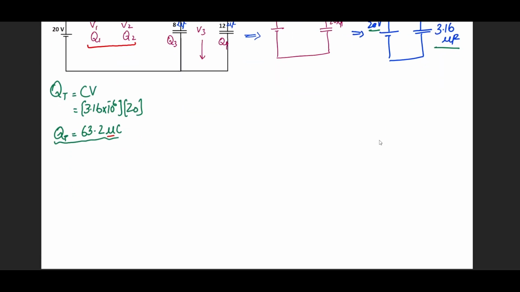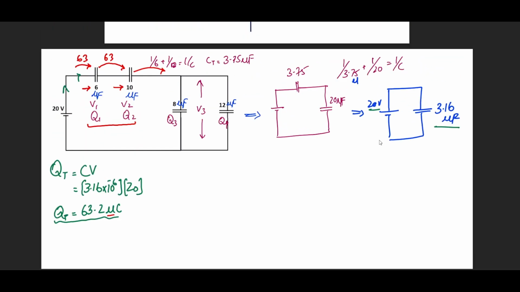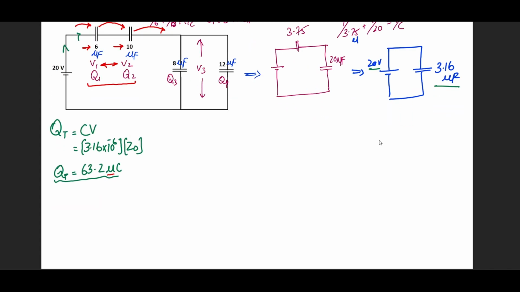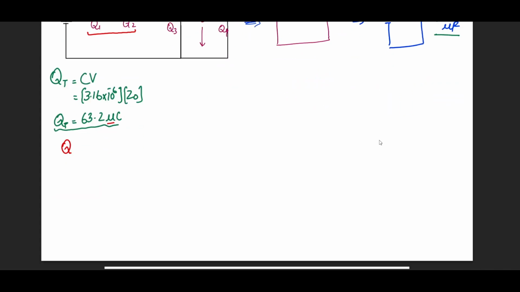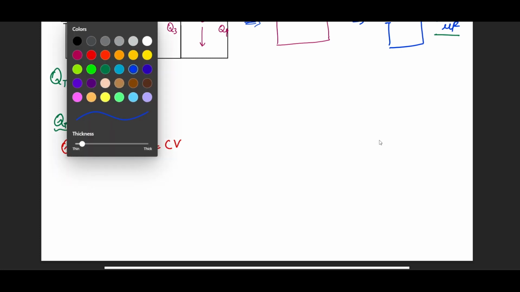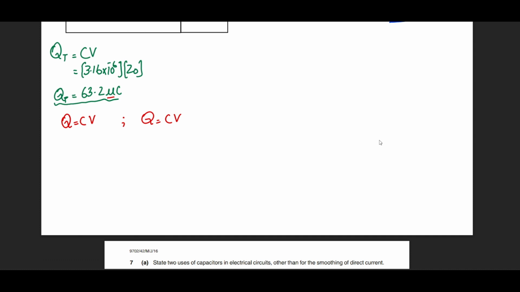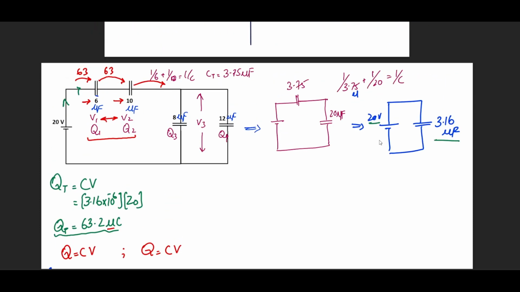So similarly, this is the idea that we're going to use to find out the respective voltages of these capacitors, because we know that the charges on both of them are same. So we apply Q equals to CV on both of them independently because we know that charges are same. So we know a few values. So in place of charge, we will replace 63.2 micro equals to capacitance of that individual capacitor, which is 6.